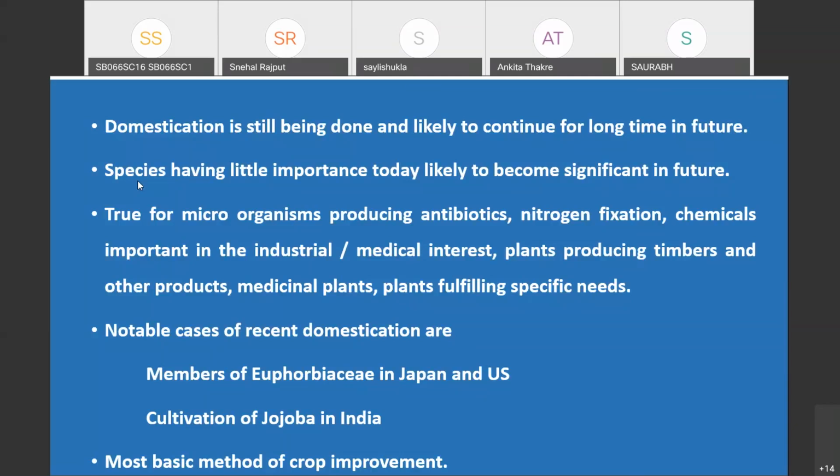Jojoba is a certain type of plant which is found as a wild weedy species in India.